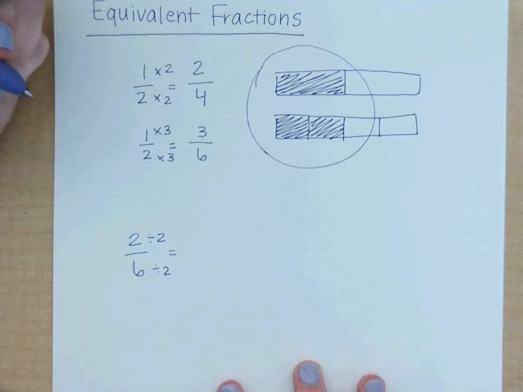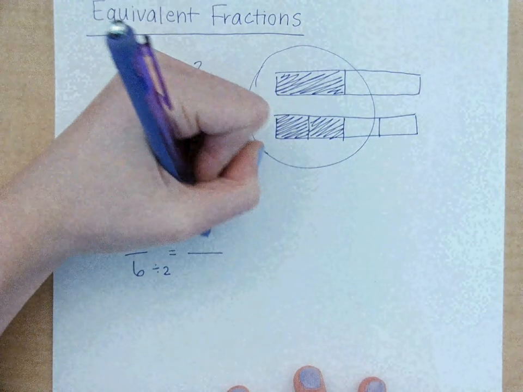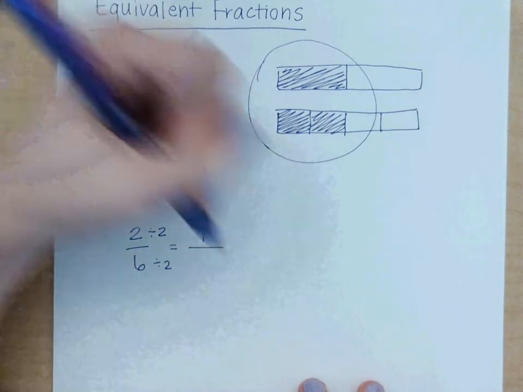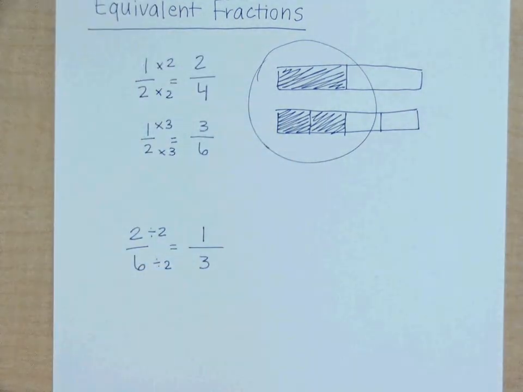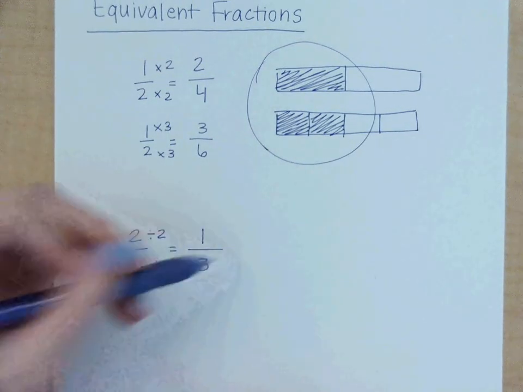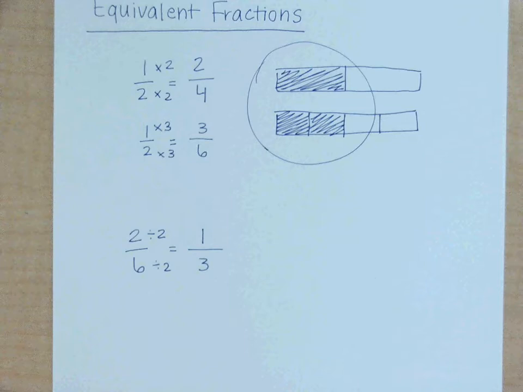I'm going to divide the numerator and denominator by 2. 2 divided by 2 gives me 1. 6 divided by 2 gives me 3. Now we know that a fraction is in simplest form when we can't divide anymore, if we can't divide the numerator and denominator by anything. So that would be as far as we can go, but 2/6 and 1/3 are equivalent fractions.